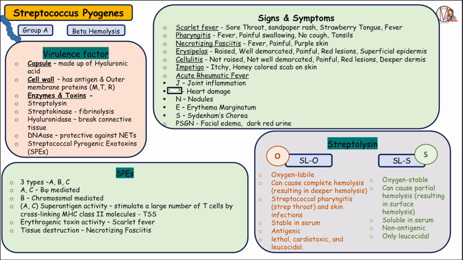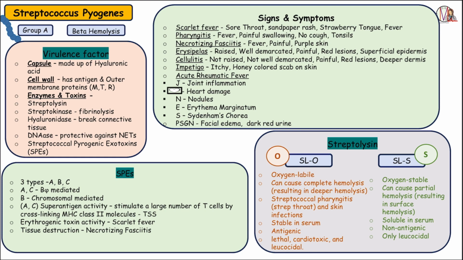As for the signs and symptoms, for scarlet fever, there is sore throat, sandpaper rash, strawberry tongue, and fever. For pharyngitis, there is fever, painful swallowing, no cough, and tonsils. For necrotizing fasciitis, there is fever, it is painful, and there is purple skin. Next is erysipelas.